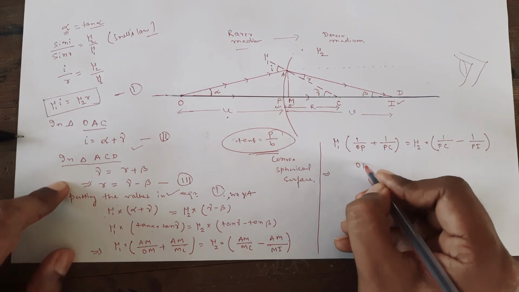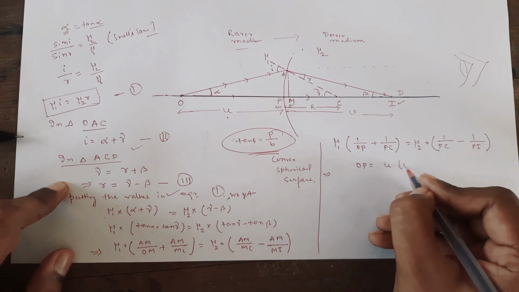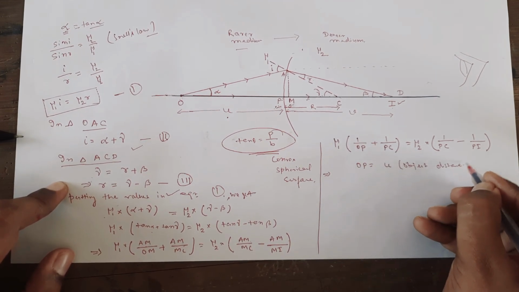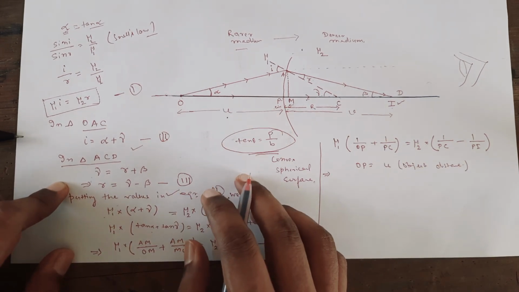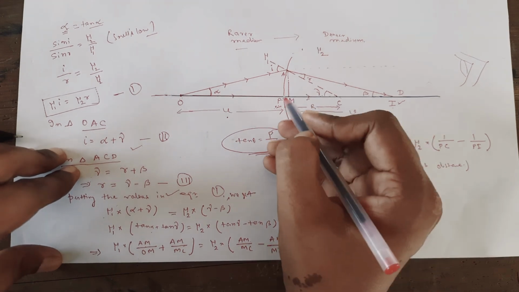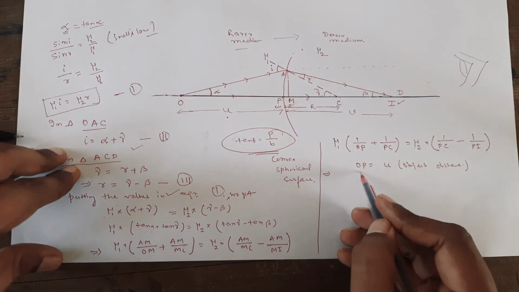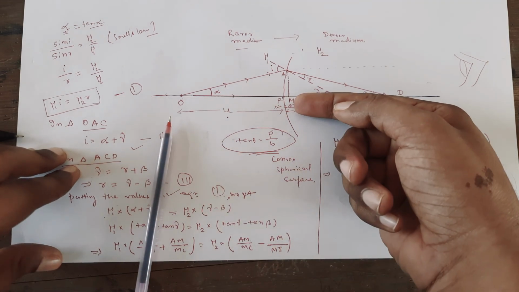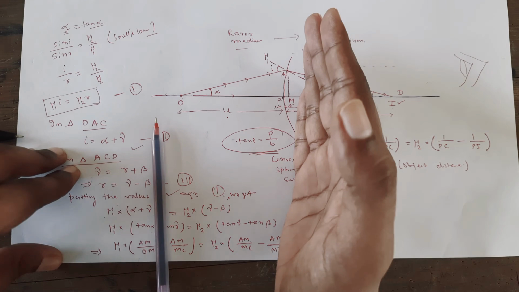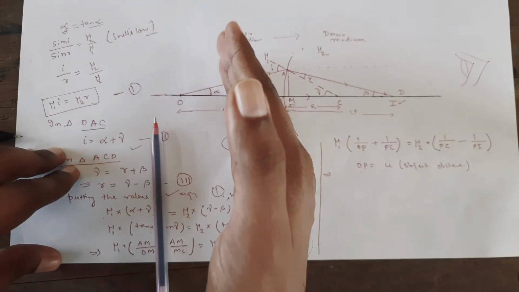But what is OP? OP is the object distance. Whatever distance we measure from right to left, from the pole, that is opposite to the original direction of the ray.